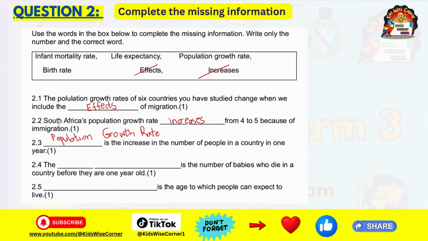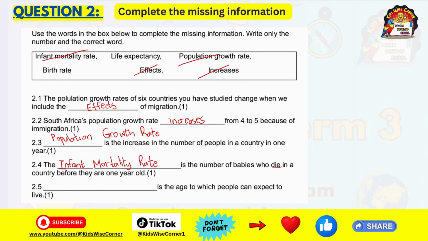2.4. The something is the number of babies who die in a country before they are 1 year old. So that would be infant mortality rate. So we've done population growth rate, infant mortality rate. 2.5.